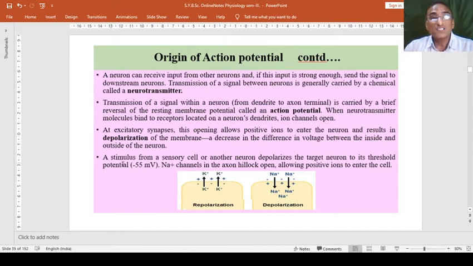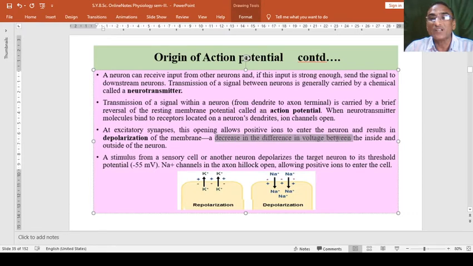A stimulus from a sensory cell or another neuron depolarizes the target neuron to which the message is to be sent, and the threshold potential drops. As you have seen, normally at rest it is minus 70, which drops to minus 55 millivolts, and this is nothing but the decrease in the difference in voltage.